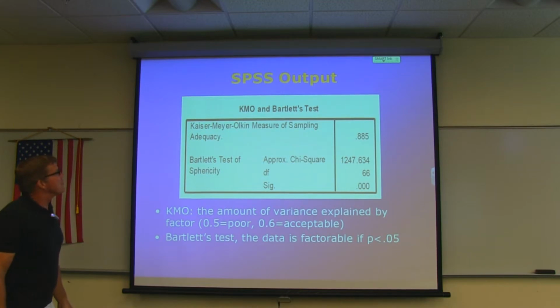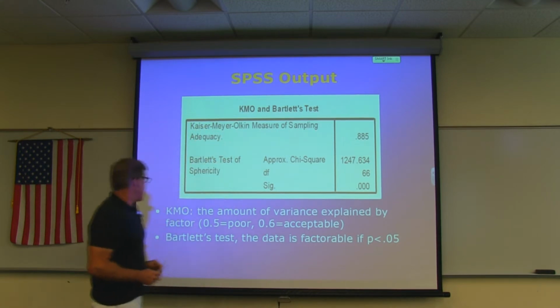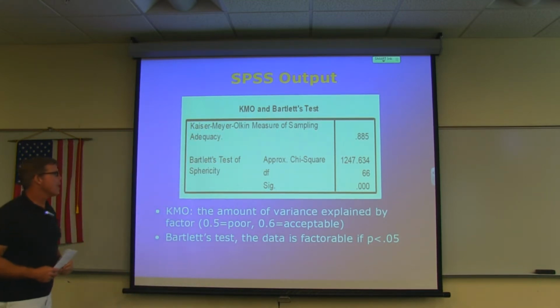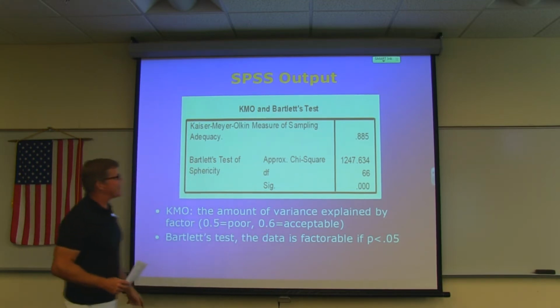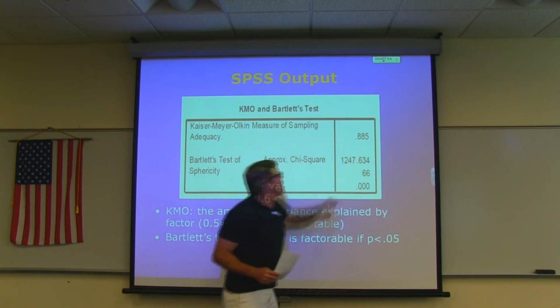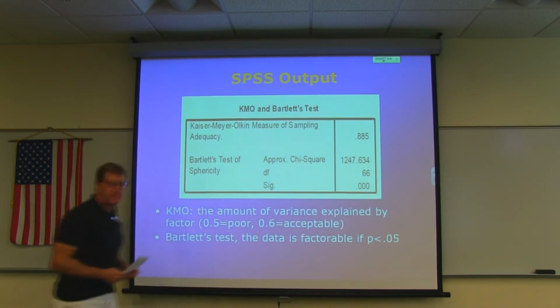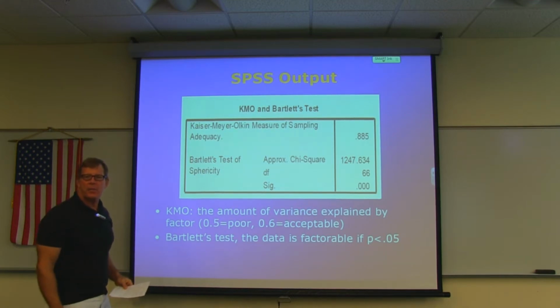Oh, our tests of assumptions. The KMO measure of sampling adequacy should be greater than 0.6. Now we see the 0.885 figure here. This is very similar to perhaps a little power analysis.